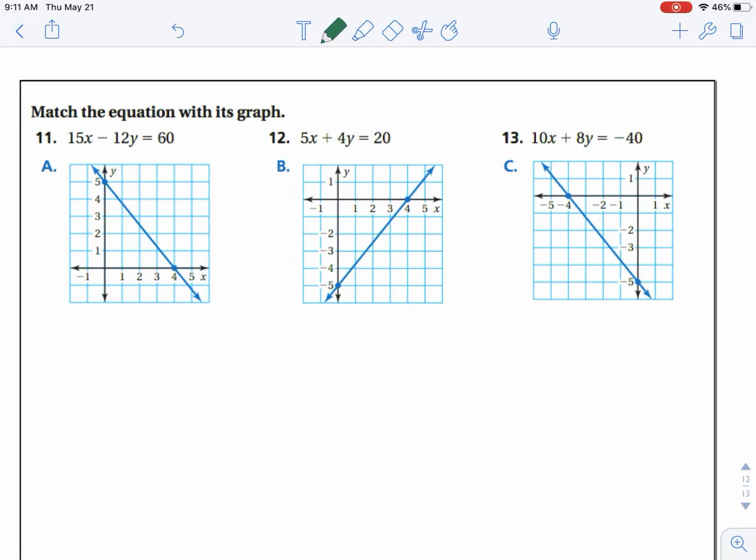Looking here, we can match the equations with their graphs by finding the x and y intercepts. So I can look and see for number 11. Number 11 is 15x minus 12y equals 60. If I want to look for (x, 0) and (0, y), I can plug in 0 for y.